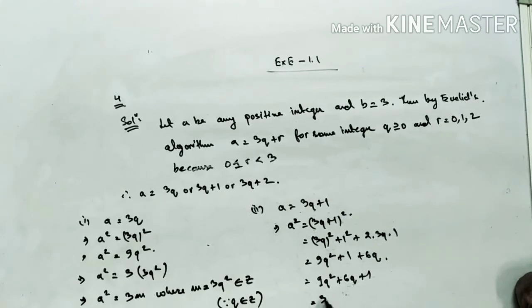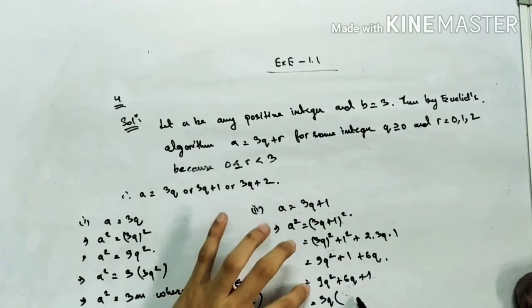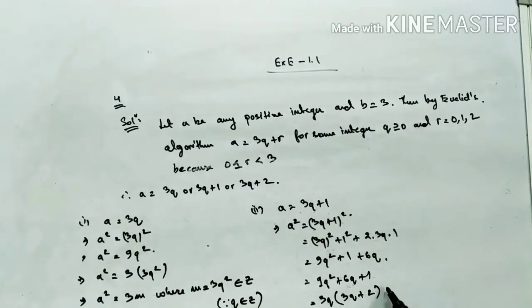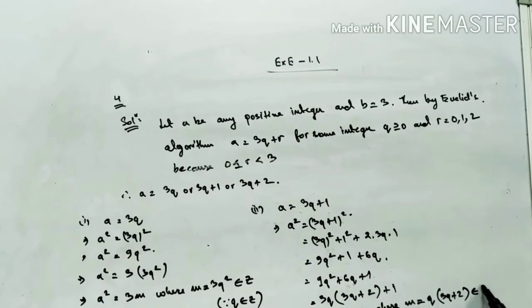From here I can take 3q common, then it becomes 3q plus 2, plus 1. So I can write it as 3m plus 1, where m is equal to q times 3q plus 2, and this belongs to Z since q belongs to Z.